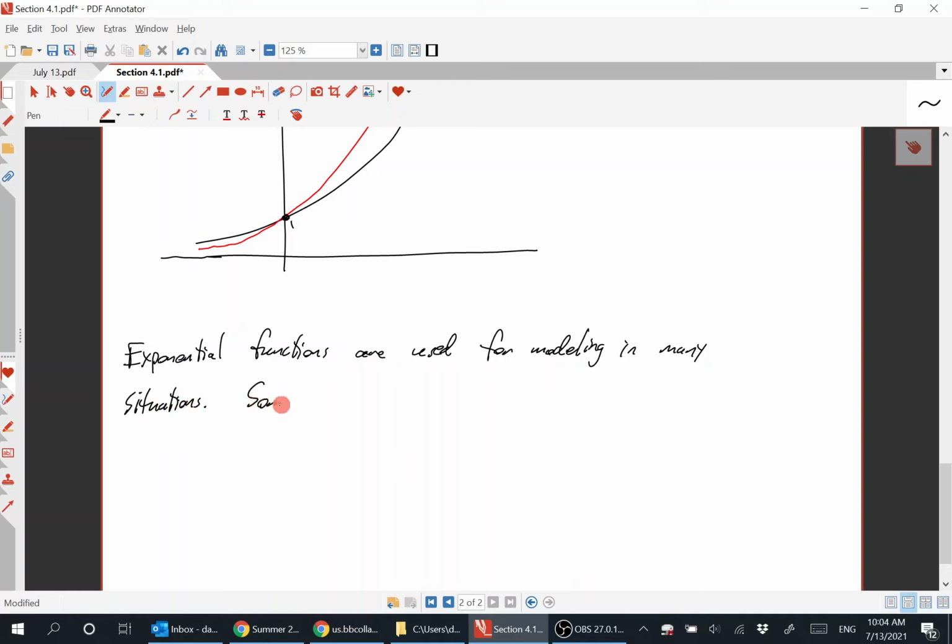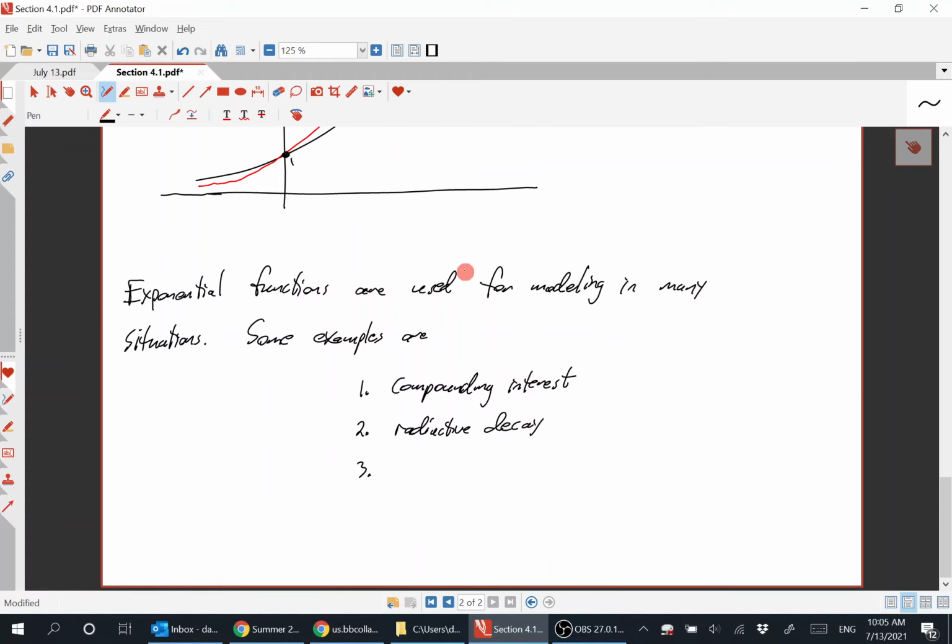Some examples are: one, compounding interest; two, radioactive decay; and three, often population growth.